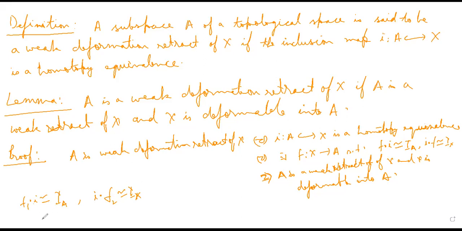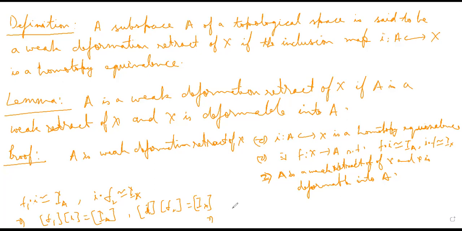So what we can write here is, f1 composed with i class equals identity, and i composed with f2 class equals identity.